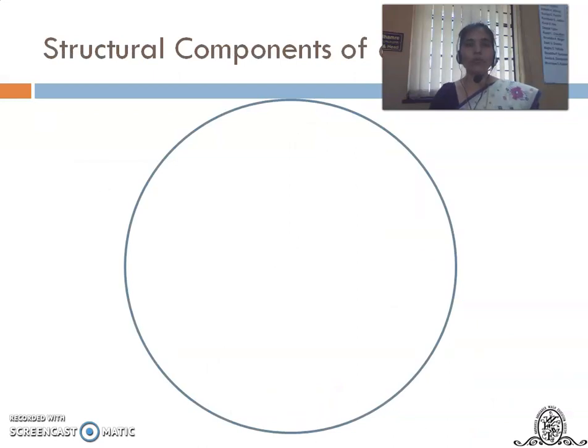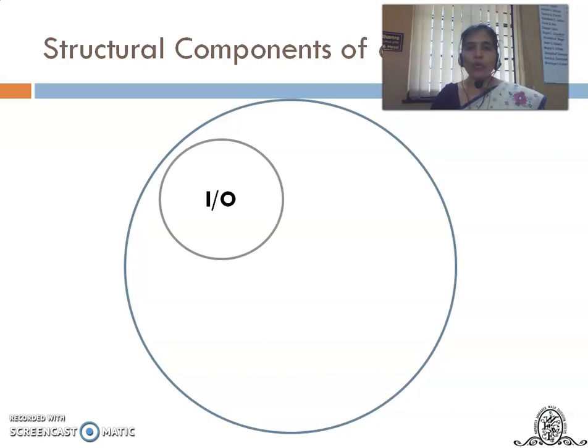Let us now look at what are the structural components available in a computer system so as to perform these four possible operations. And the basic four components are the component which deals with the input-output devices and therefore it is called I/O.